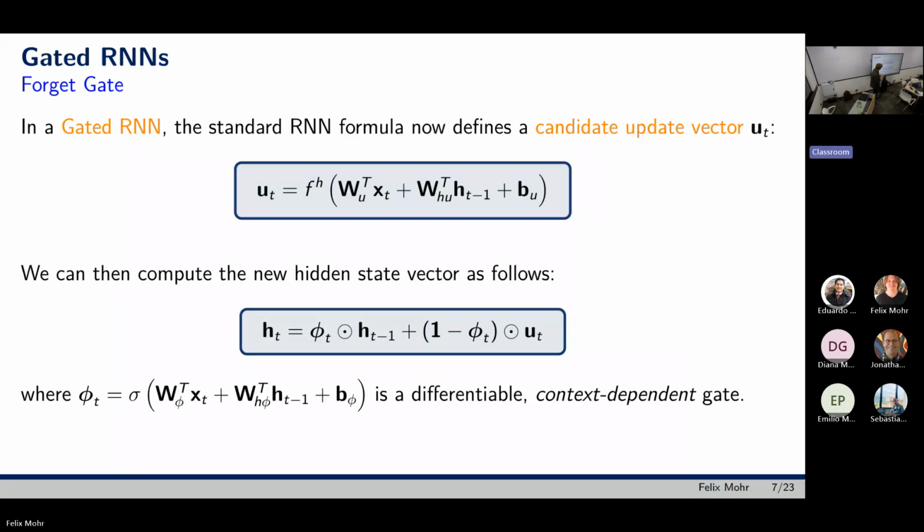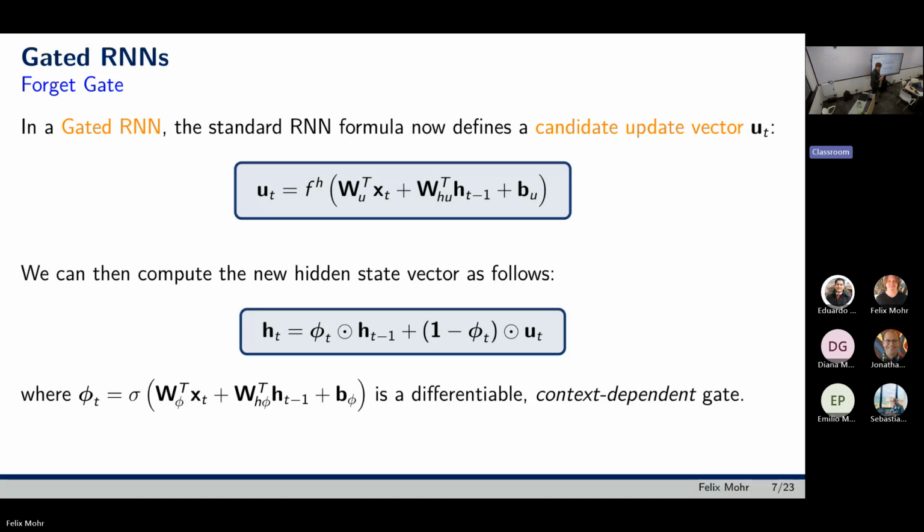And in this case, I would basically also ignore the new input token, because the new input token is not contained here. Okay, but I can have things in between. I can have partially forgetting, partially remembering.